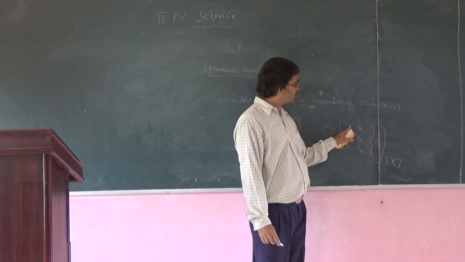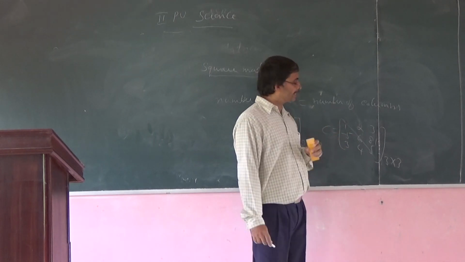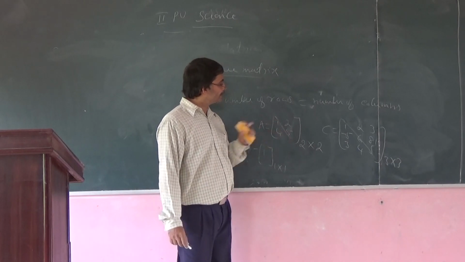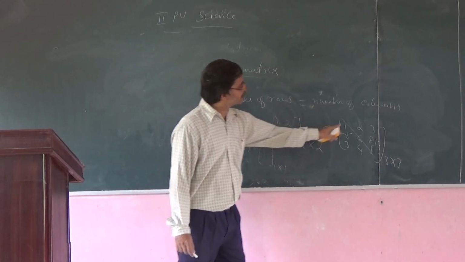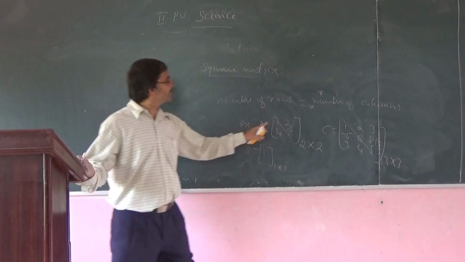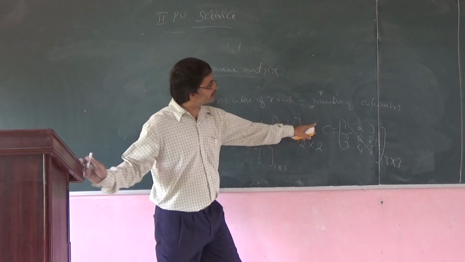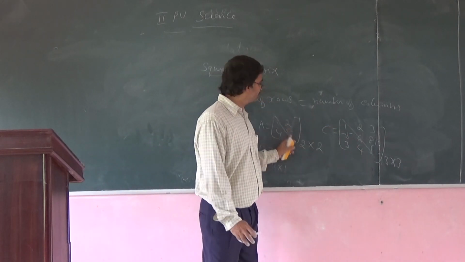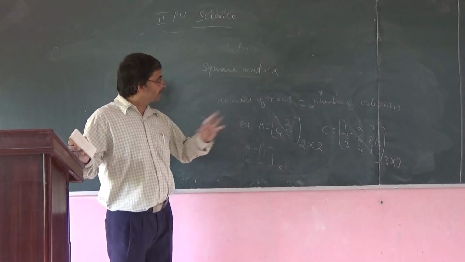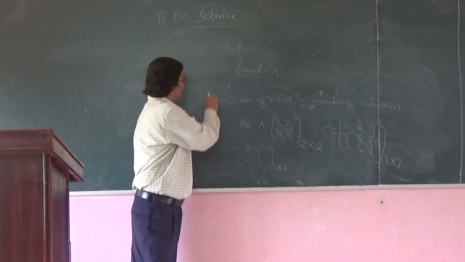Note that these are called diagonal elements, or main or principal diagonal elements. Why do I require diagonal elements? For the next type, that is what is called the diagonal matrix.